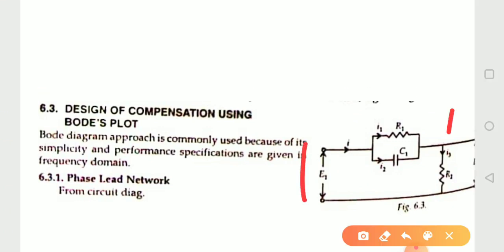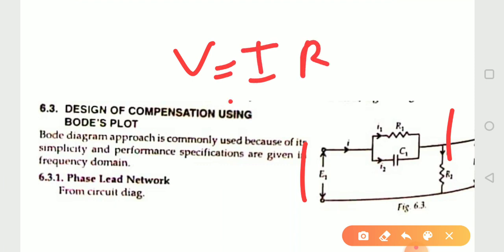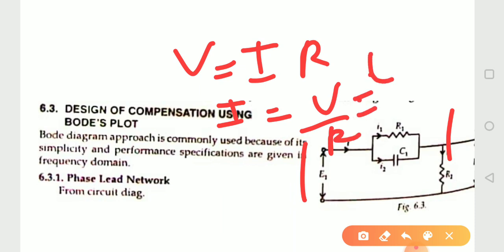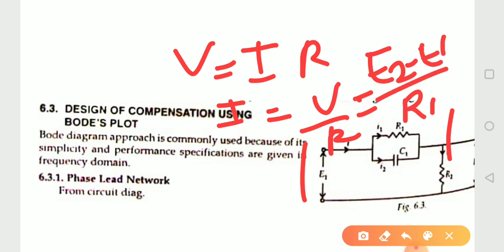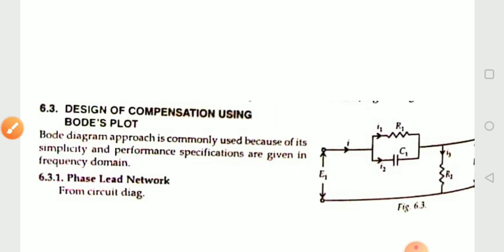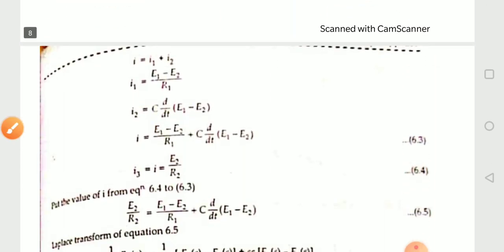We know that V is equal to I into R and I equals V over R. So here the voltage is E1 and E2, and we can calculate it by E2 minus E1 over R, here I R1. So for the value of I1, it is E1 minus E2 upon R1.